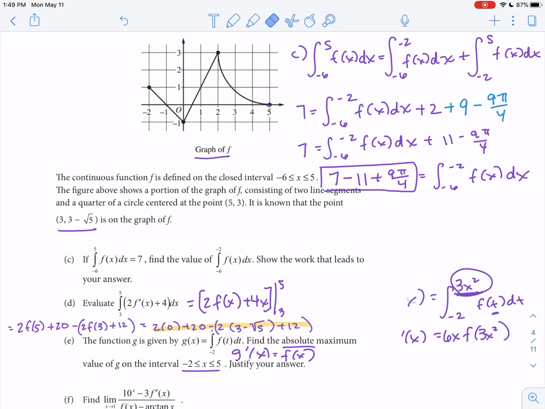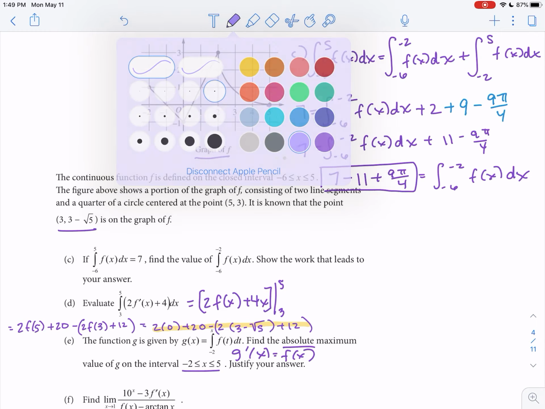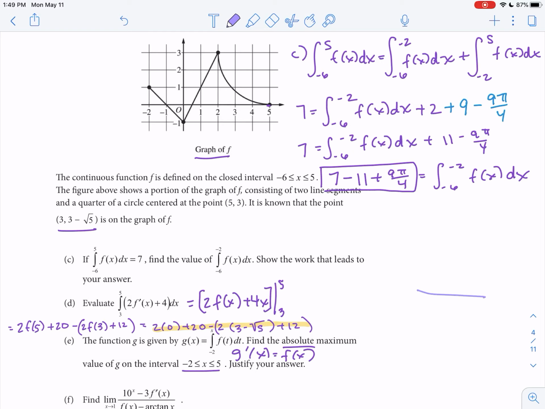All right, so that was a pause on this question, but something I did want to cover. Absolute max on a closed interval means we're going to make a table, correct? So I've got x, and I'm trying to find the max of g of x, which I like to put the formula here for my reference. Where can absolute mins and maxes occur on a closed interval?